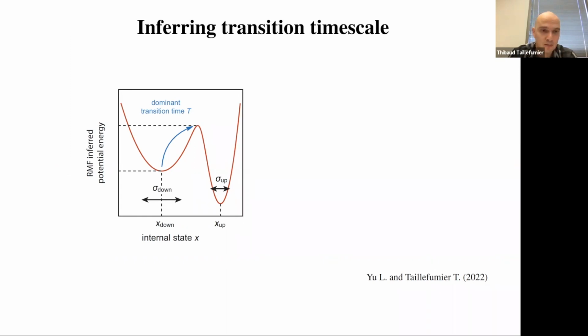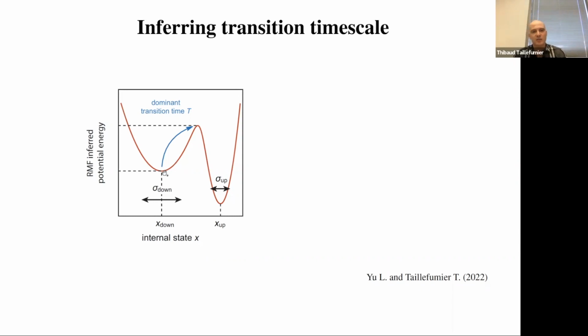an escape problem. I can use my estimate of standard deviation and position of the states to model my new effective landscape, which is going to depend on the parameter mu, because sigma and x depend on mu. And now I can model the transition rate as an escape time from the well that corresponds to a down state. Okay.